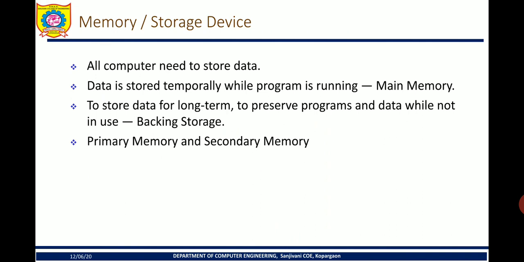Data is stored temporarily while a program is running, that is main memory. And to store data for the longer term, or to preserve programs and data while not using the system, that is also called backing storage or banking storage. Both words are correct.